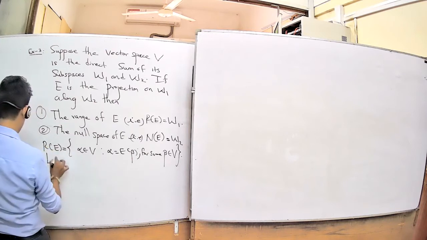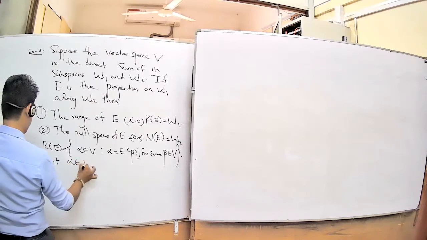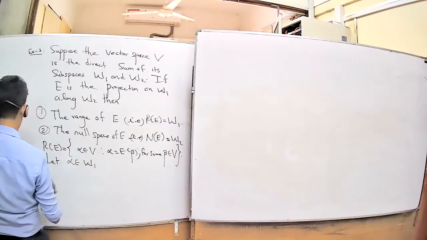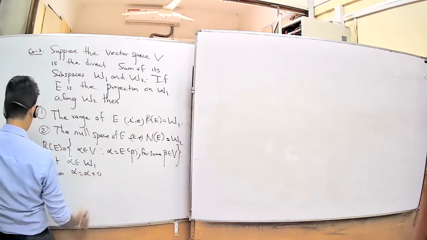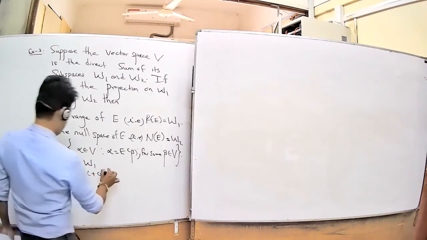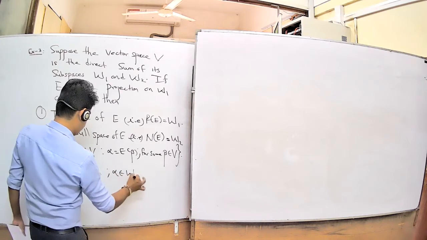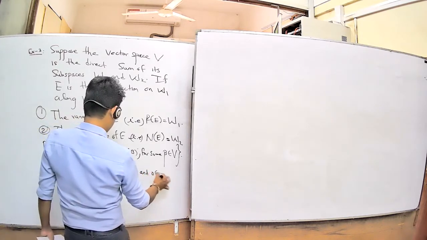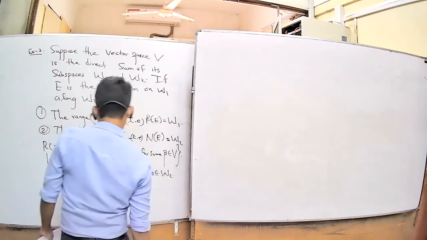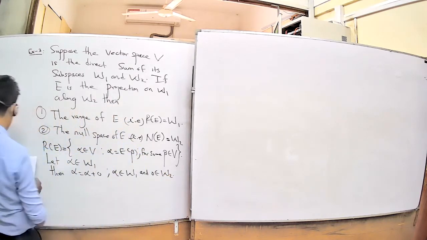Let alpha belong to W1. Then alpha equals alpha plus 0, where alpha belongs to W1 and 0 belongs to W2.